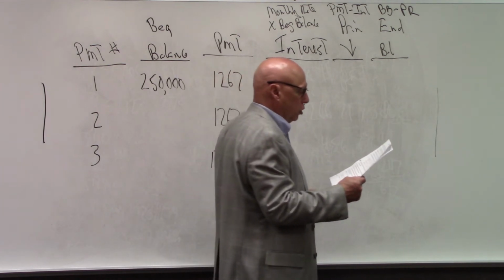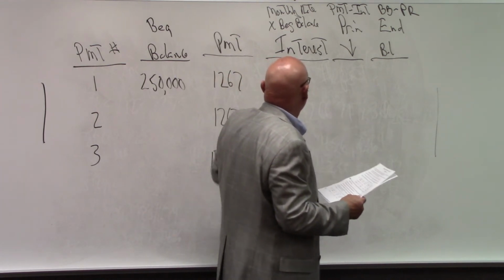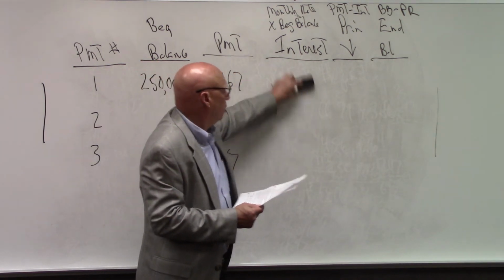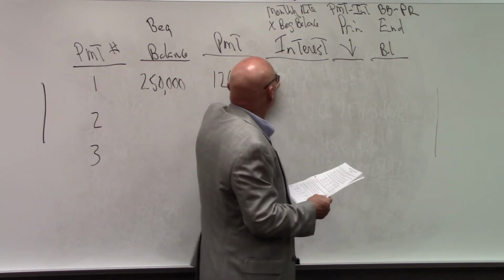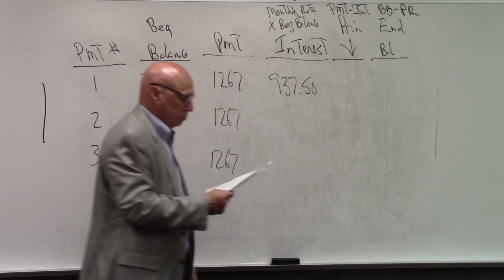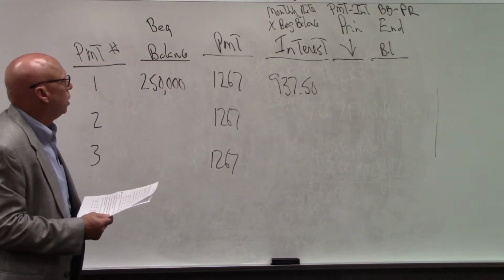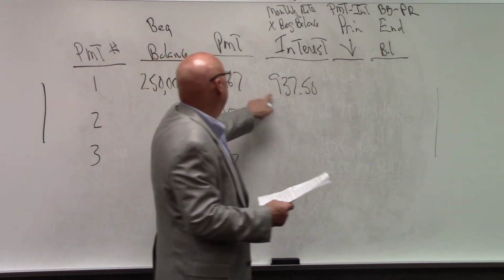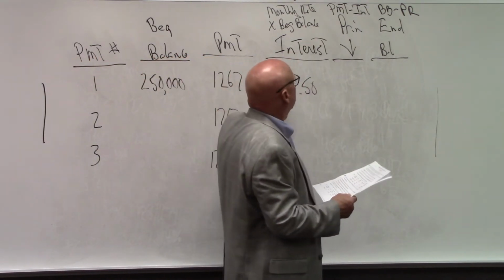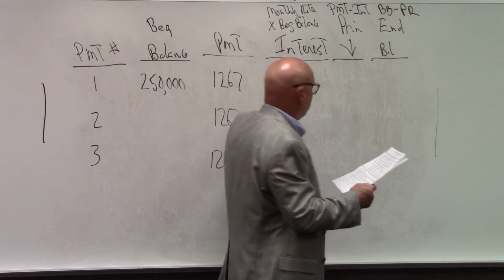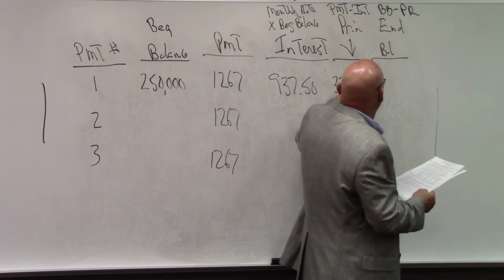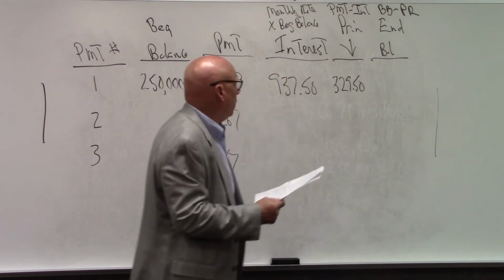So the interest charge in the first month is, let me erase this, $937.50. Okay? So let's subtract $937.50 from $1,267. The payment minus the interest is equal to the principal reduction. $329.50 is what will be applied.